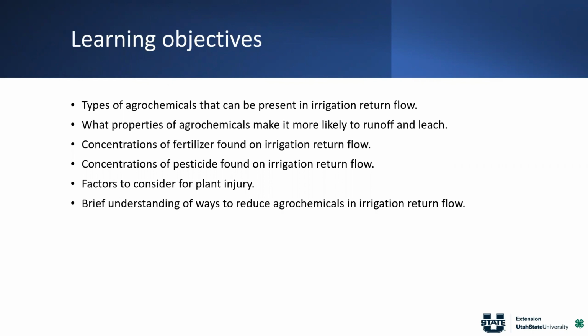So what kind of agrochemicals can be present in that irrigation return flow? What properties of agrochemicals make it more likely to run off or leach and then collect in the retention pond?